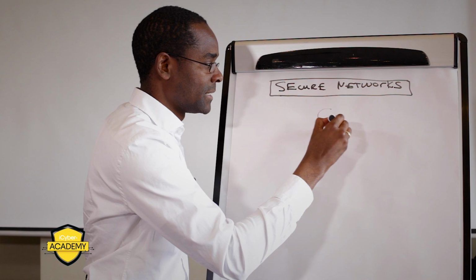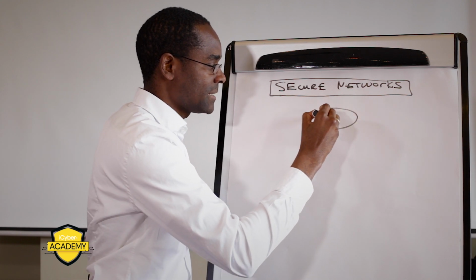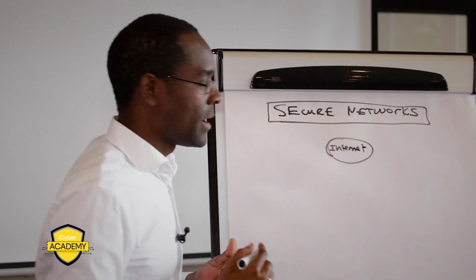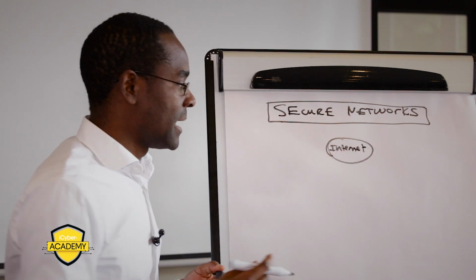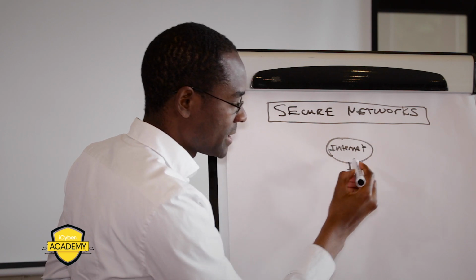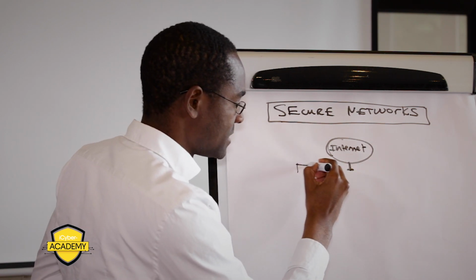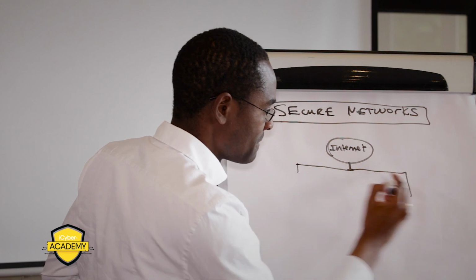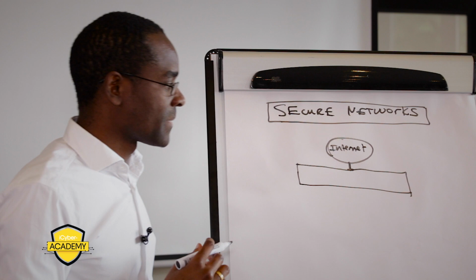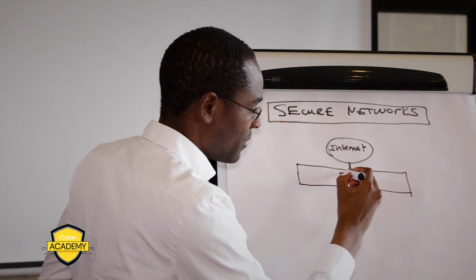So you can see here we have our internet connectivity coming in onto your enterprise, and at that point we're going to have a demarcation point, or break point, where traffic actually enters your network. Here I'm going to draw another device, and this is essentially our firewall.